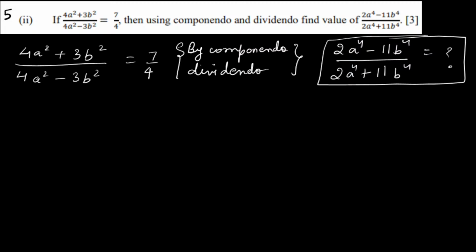So it is numerator plus denominator. This is the numerator and this one is the denominator. Same here, numerator and denominator. So numerator plus denominator, numerator minus denominator on both sides.